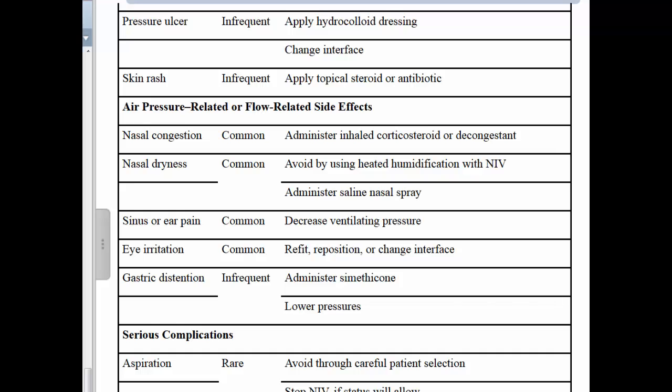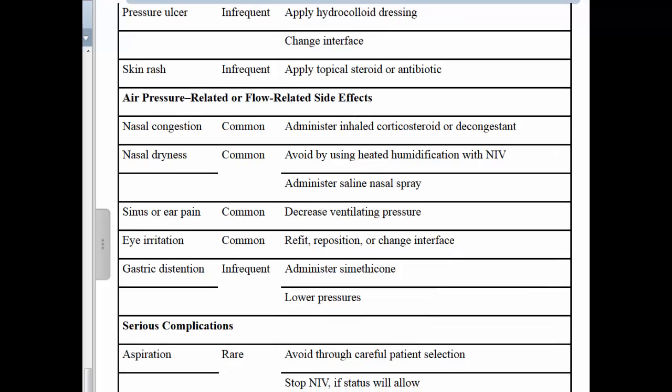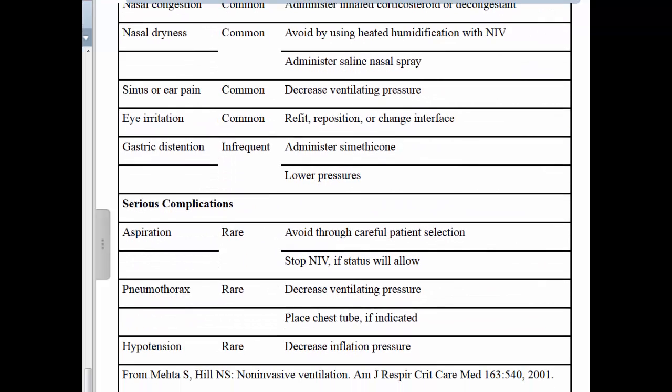The nasal dryness I will if I breathe through my mouth. Sinus or ear pain, eye irritation, gastric distension. Some of the serious complications, aspiration, especially if you have that mask covering the mouth. Pneumothorax is rare. Hypotension is rare, but you have to be on guard for it.